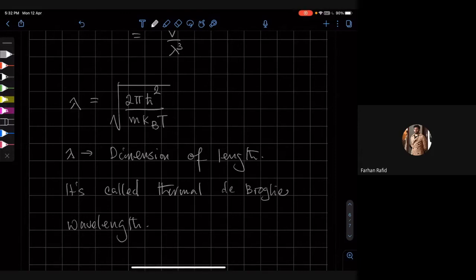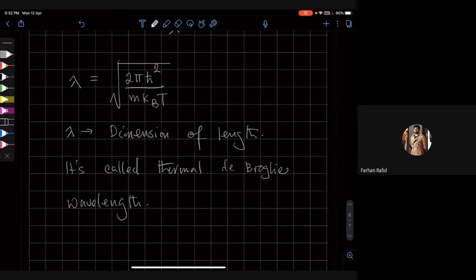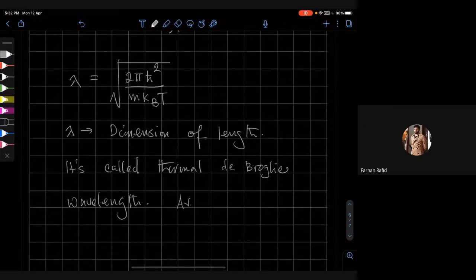And it can be thought of as the average wavelength of the particle at temperature T. And we'll see soon why.